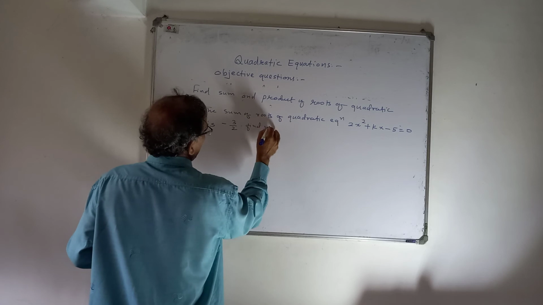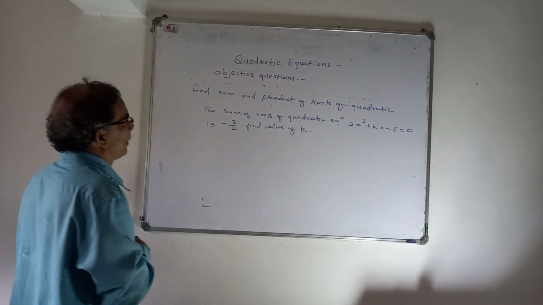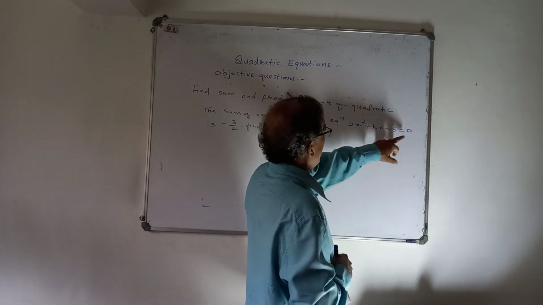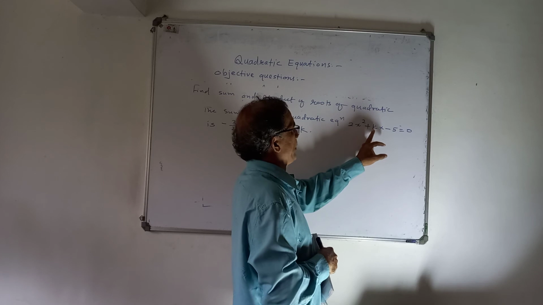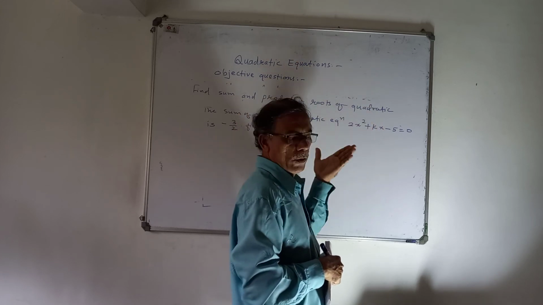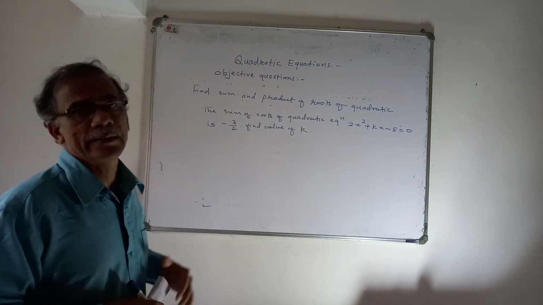Find the value of k. The sum of the roots of quadratic equation 2x square plus kx minus 5. So here the coefficient of x is not given. That is given as k, meaning unknown, and that we have to find. But we are given what? The sum of the roots is minus 3 by 2.